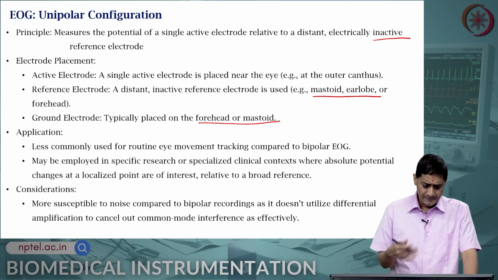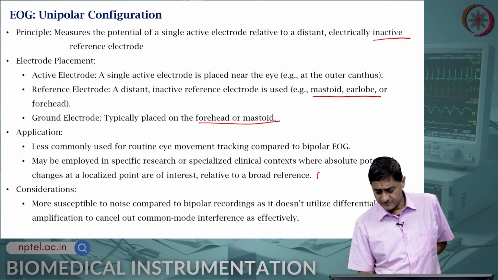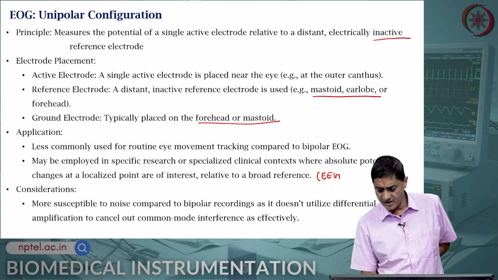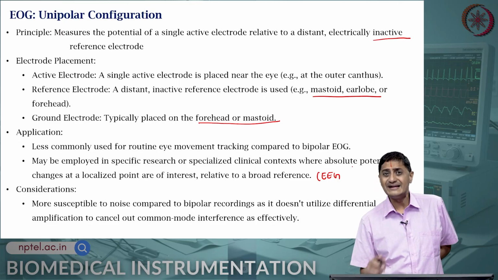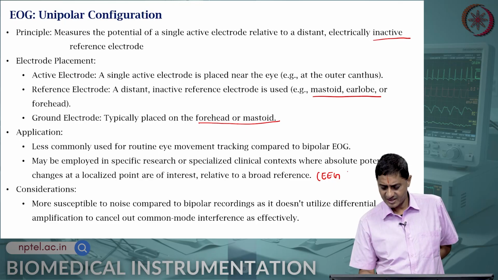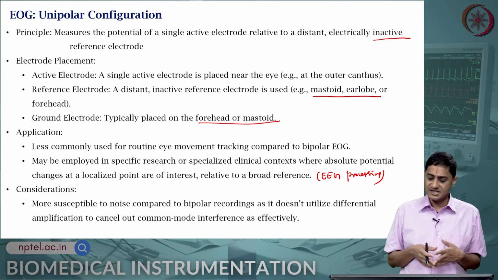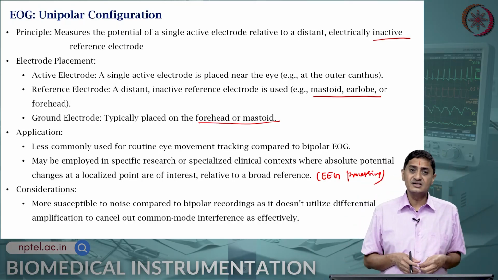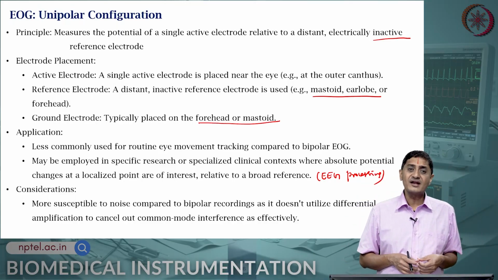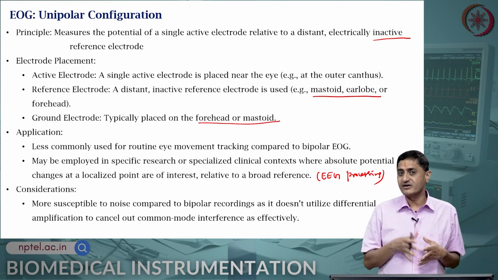Now, quite often we use this as a way to identify eye movements while processing EEG signals. Let us say you are interested in measuring EEG and in finding out where eye movements, eye blinks and other artifacts are happening.